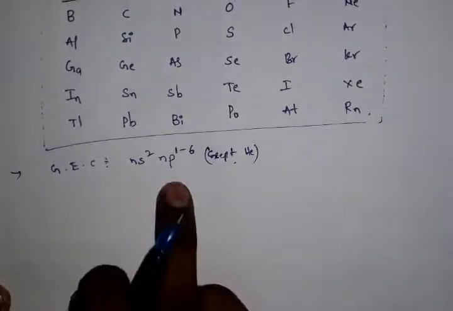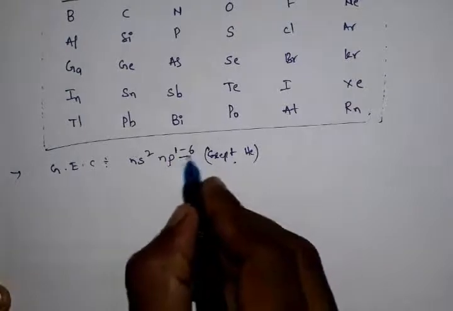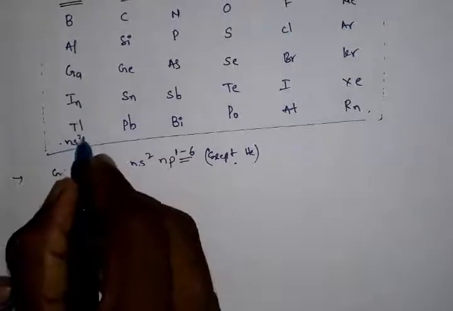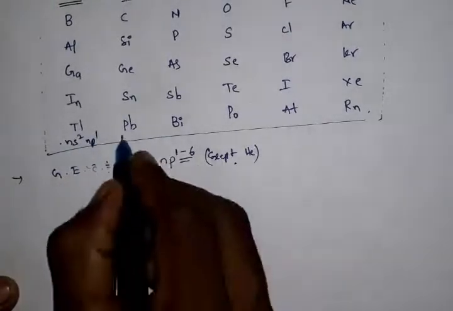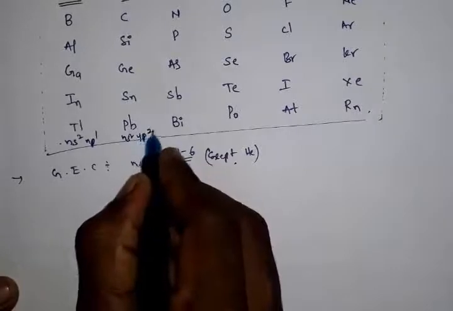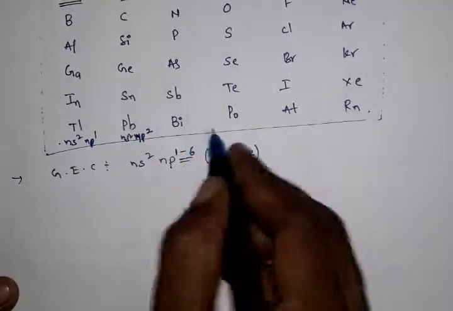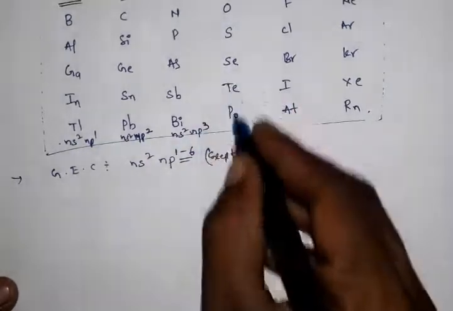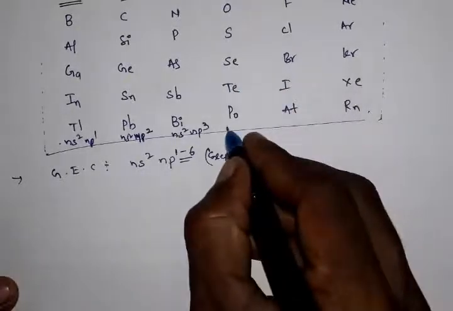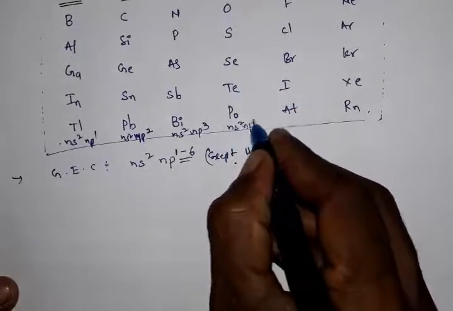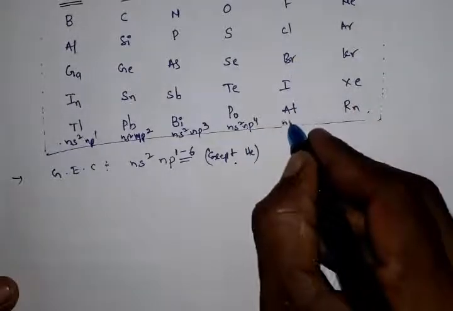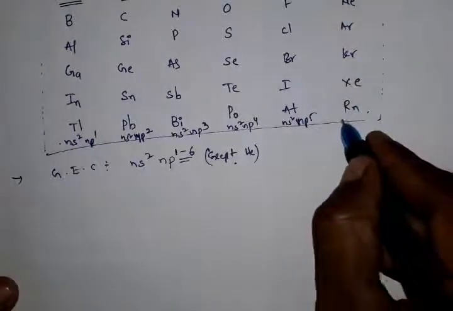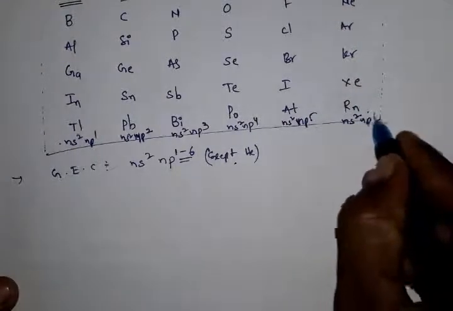Here, the 13th group elements have ns2 np1, the 14th group elements ns2 np2, the 15th group ns2 np3, the 16th group ns2 np4, the 17th group ns2 np5, and the 18th group ns2 np6.